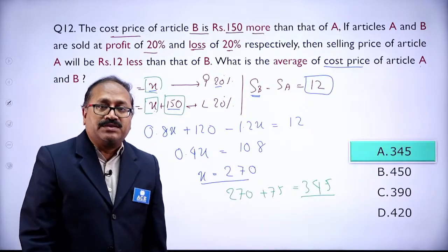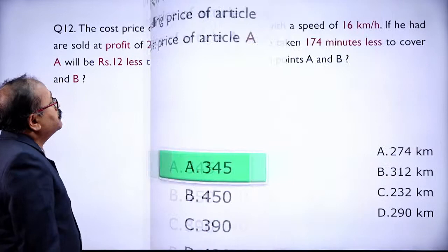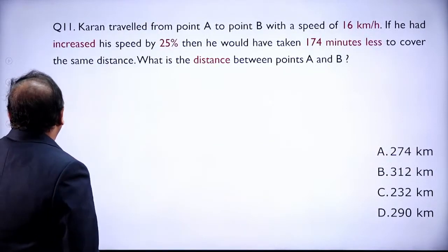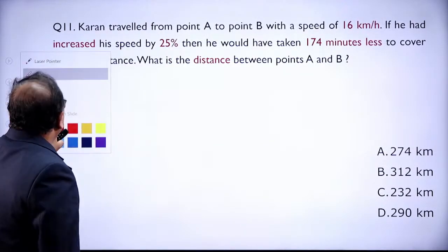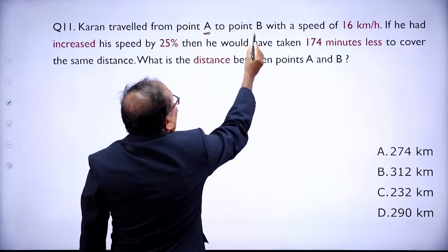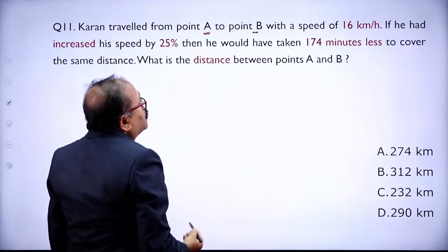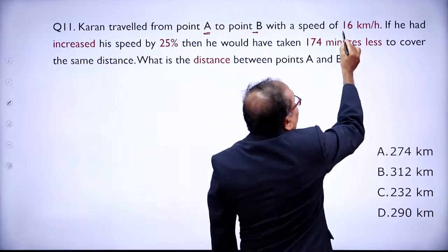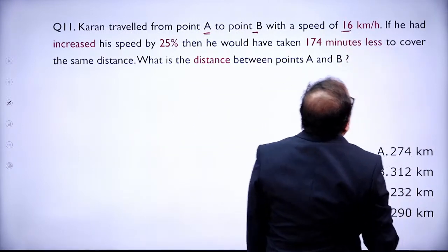Next question, my friends, is here. Now, what is this question? A person travels from point A to point B with a speed of 16 km per hour.